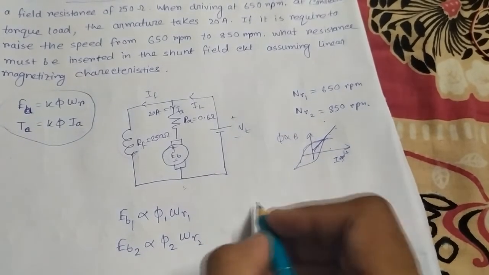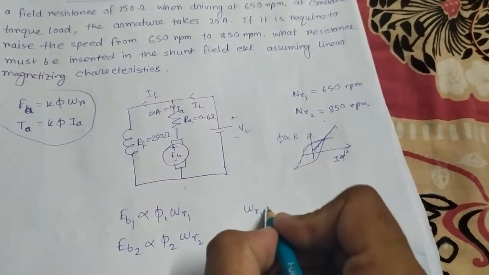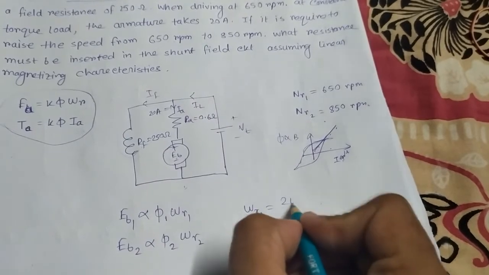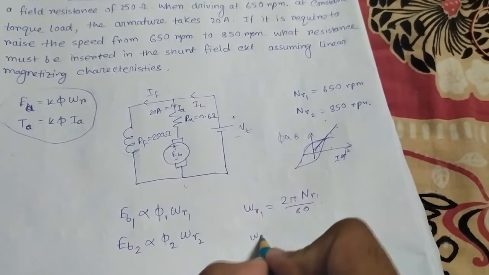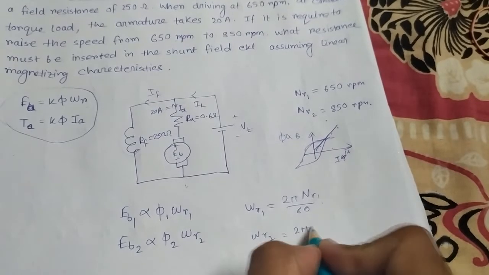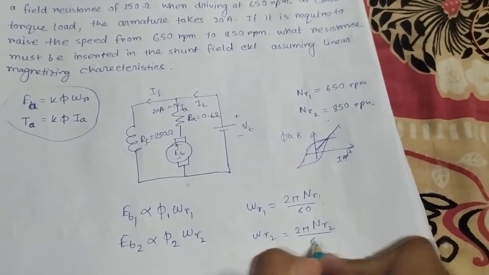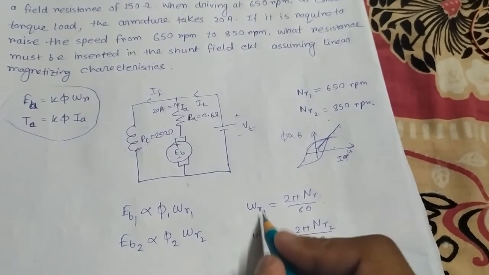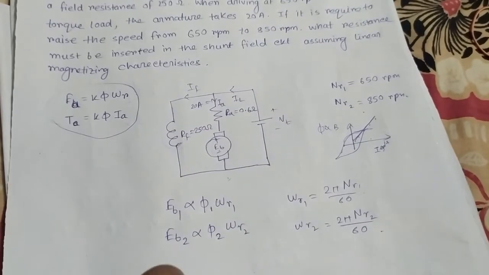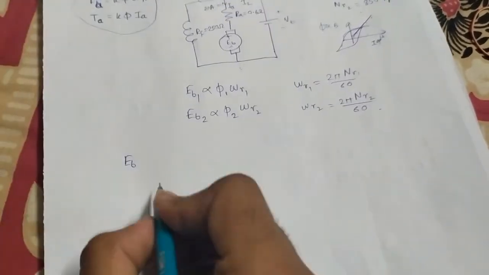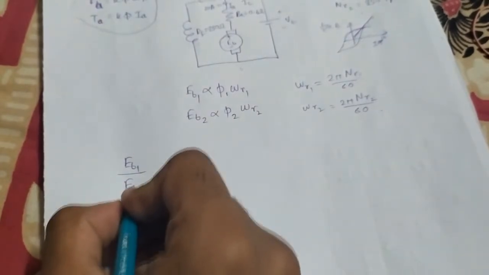Omega r1 can be written as 2 pi NR1 by 60, and omega r2 as 2 pi NR2 divided by 60, right? Now we do EB1 divided by EB2.